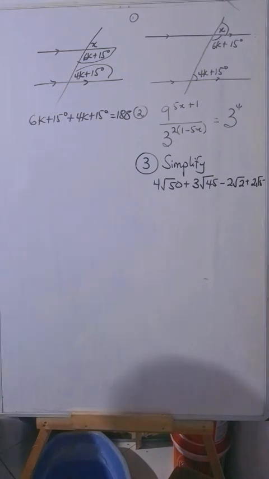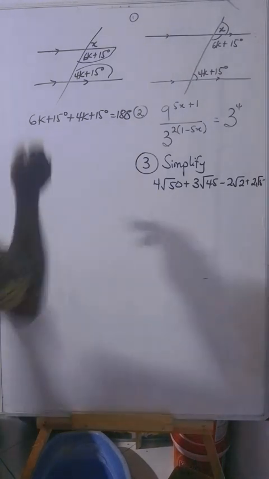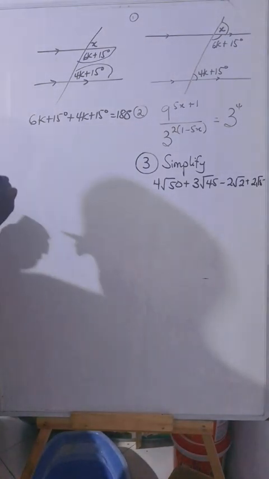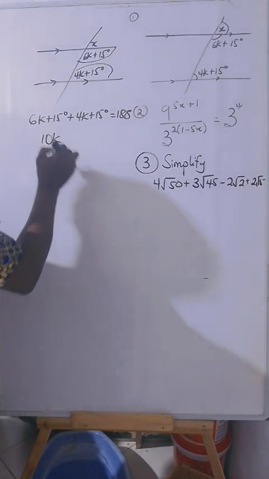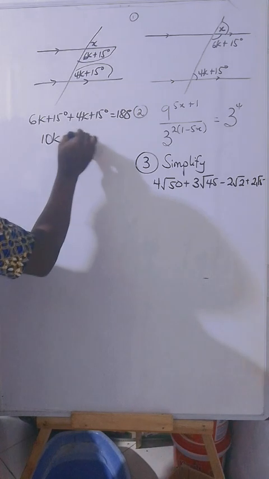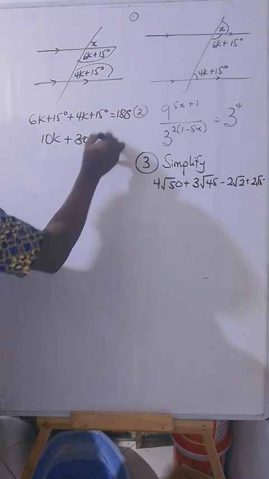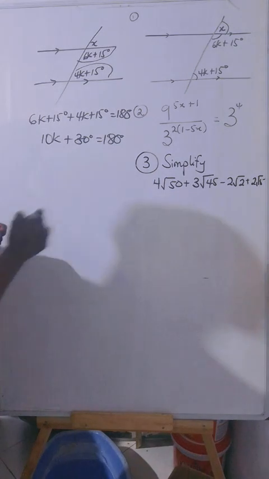So that's co-interior angles sum up to what? 180 degrees. Right. So we add the like terms, 6k plus 4k, that is 10k, then 15 plus 15, 30 degrees equals 180.